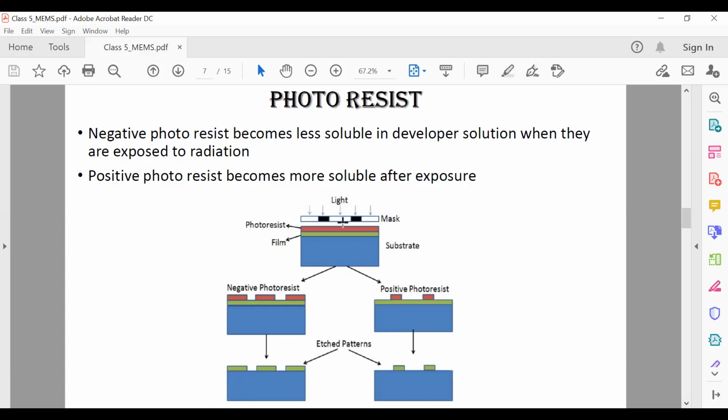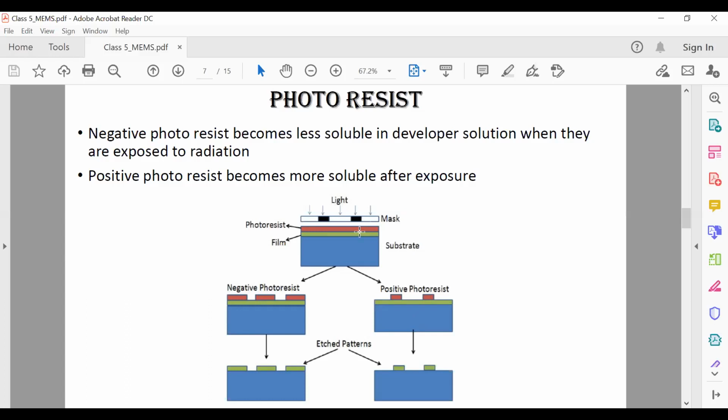In this diagram, the positive photoresist becomes more soluble after exposure. Now you can see the mask is there. This is the mask pattern.